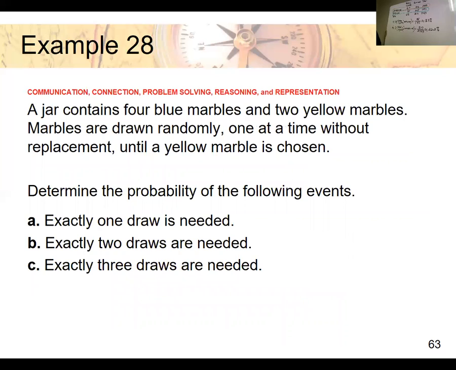So here I want to determine the probability of the following events: exactly 1 draw is needed, exactly 2 draws are needed, and exactly 3 draws are needed. I'll go ahead and do this on the board and draw that tree diagram in its entirety from beginning to end.